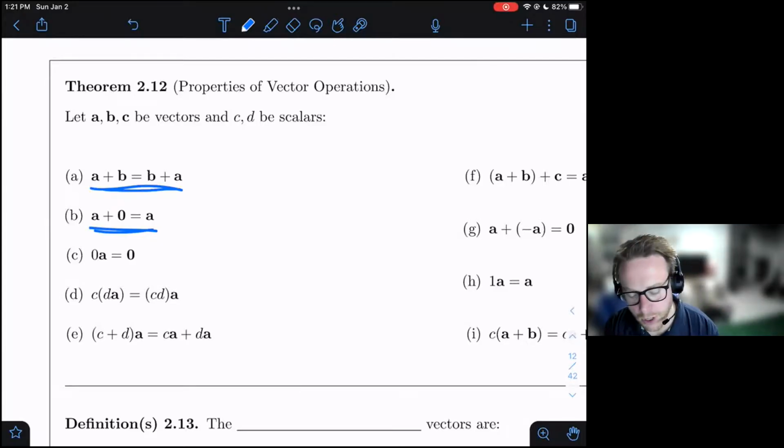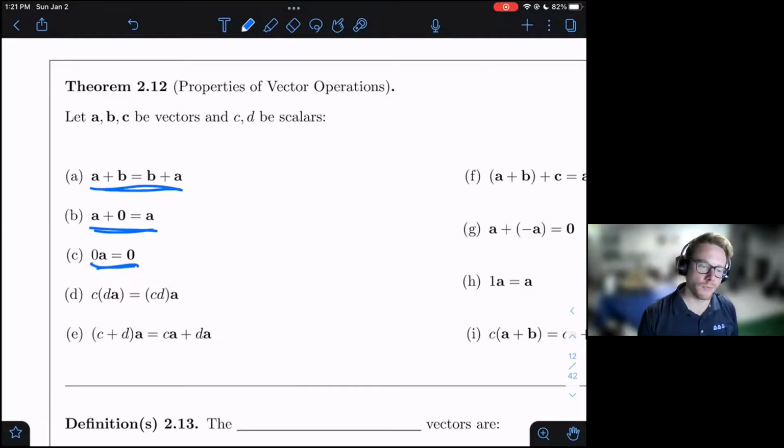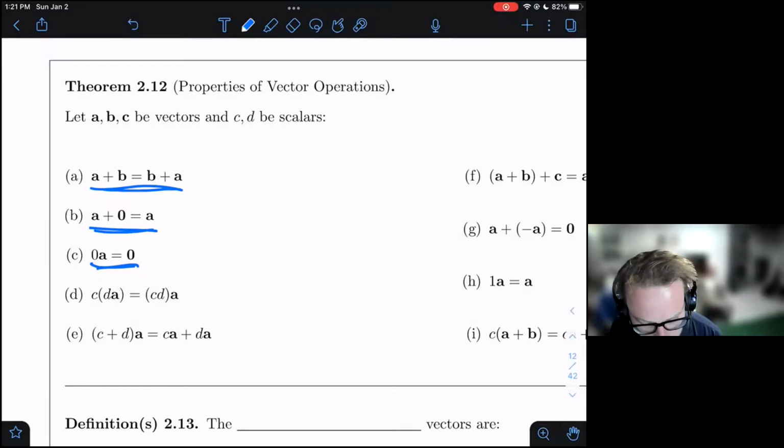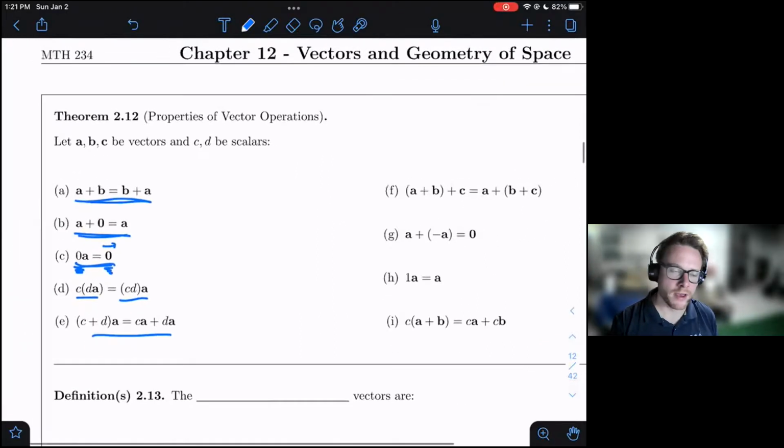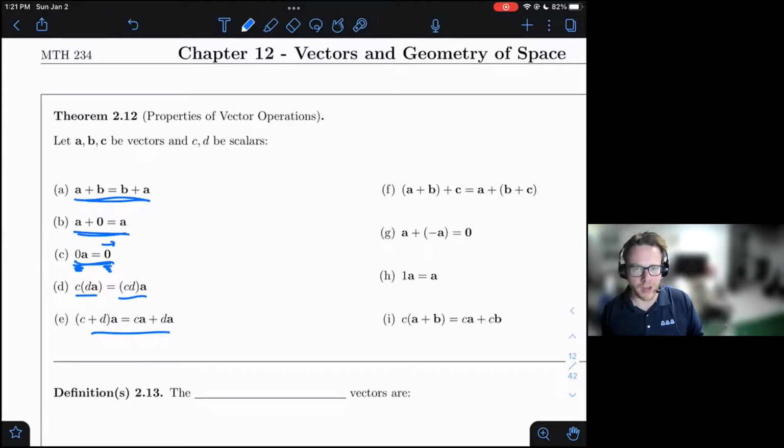If you multiply by the scalar 0, you're going to get the vector 0, so 0 times anything is 0. You do have to be careful with scalars versus vectors. You can see that this is a scalar 0 and this is a bolded 0, a vector 0. But the property does work. This is associativity. This right here is the distributive law. So all of these classic properties that we know and love back when we were just dealing with numbers or scalars work for our vector addition and scalar multiplication.